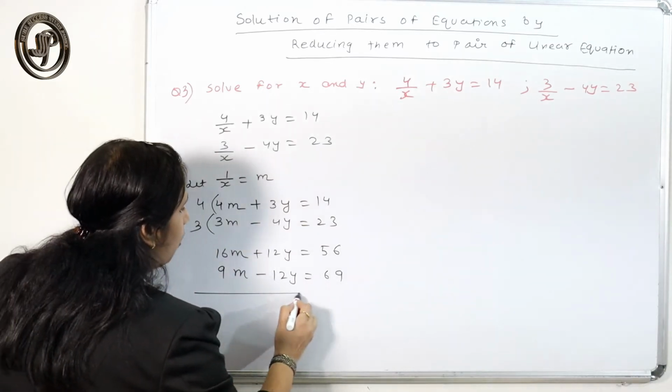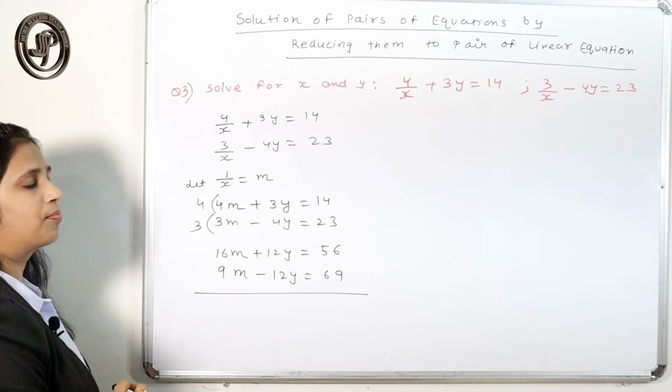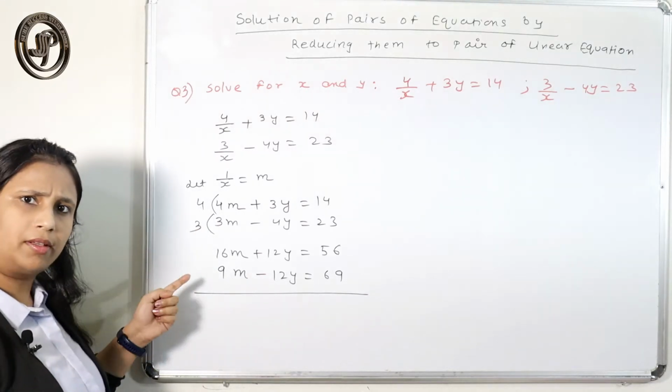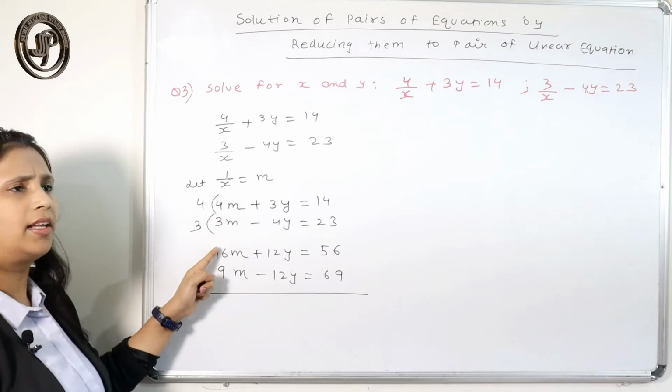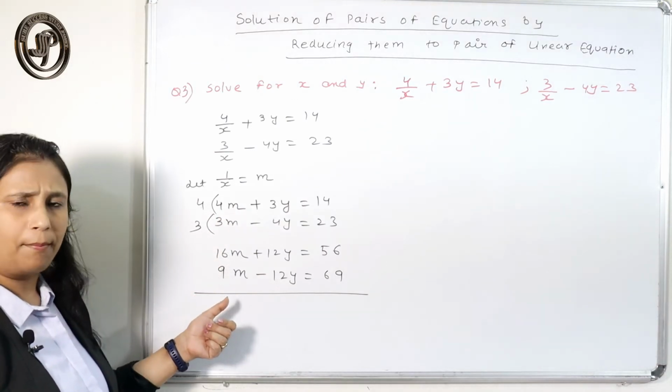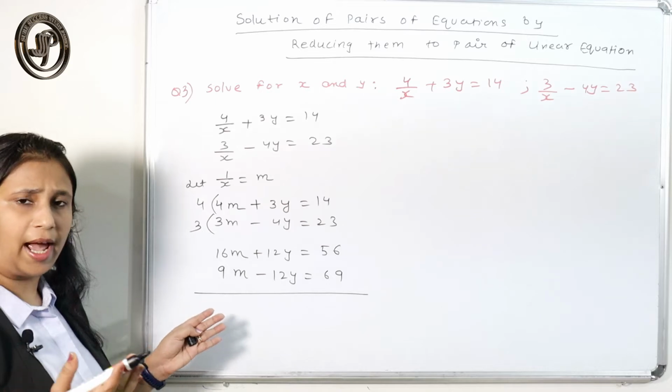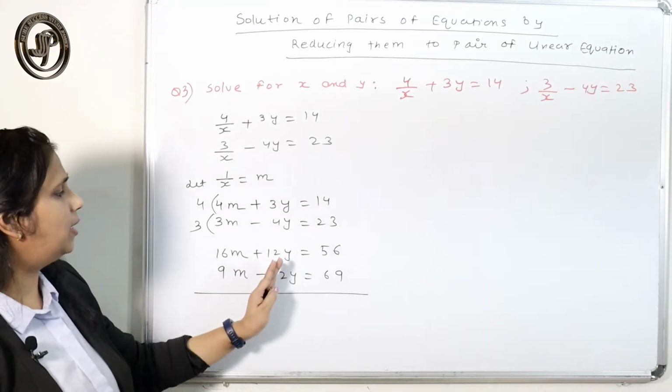Even if you multiply this by 3 and this by 4, you will get the same answer. In that case you will eliminate m, but here I am going to eliminate y, because you should be aware of that method also.